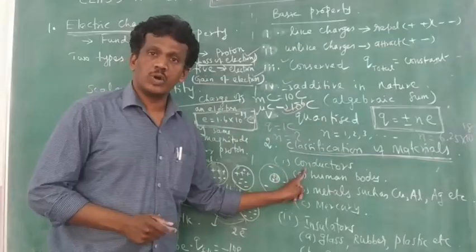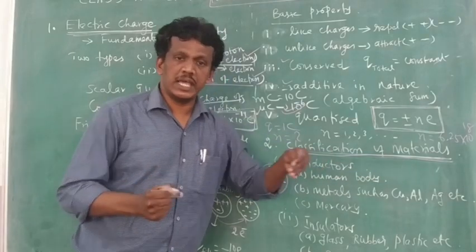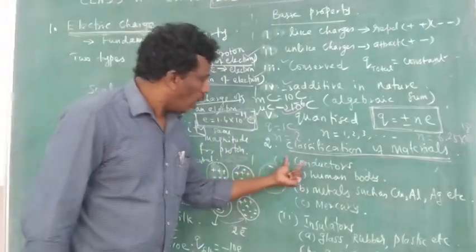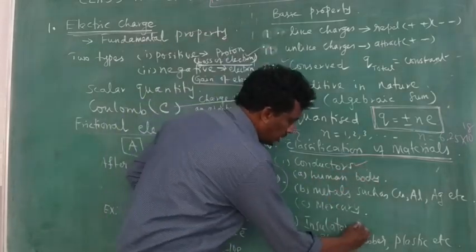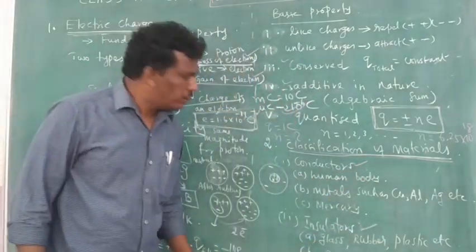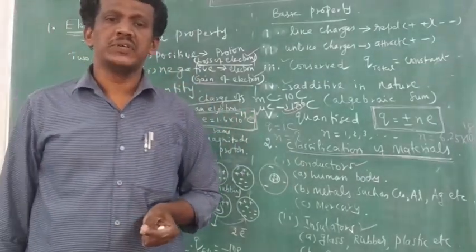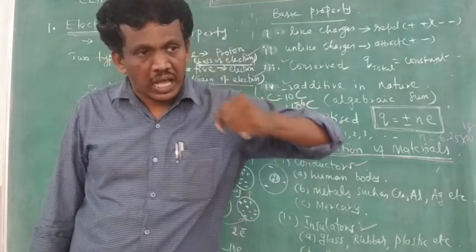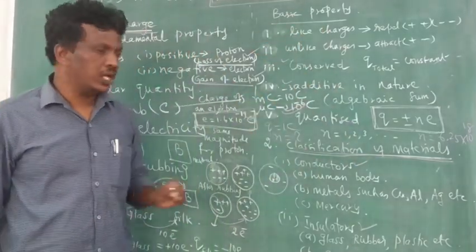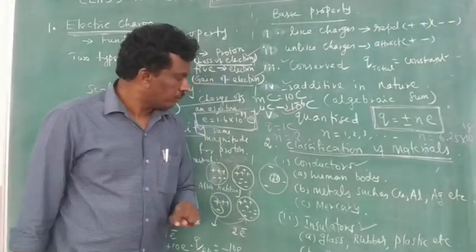Let us talk about the classification of material, because that is a basis for current electricity. One is conductors, another one is insulators. What is meant by conductors? Conductors allow the passage of electricity. The electricity means electric charges are allowed to flow through the body. It is nothing but conductors. Look at the examples.